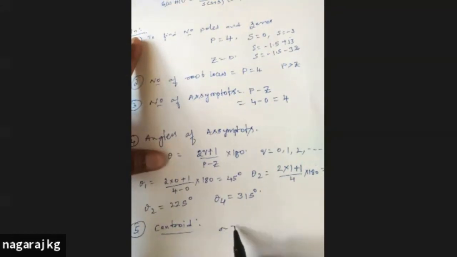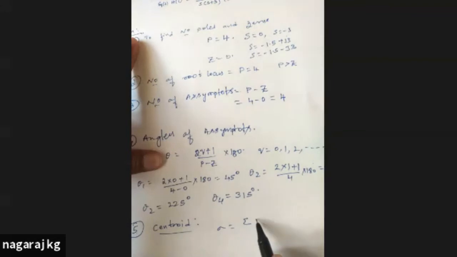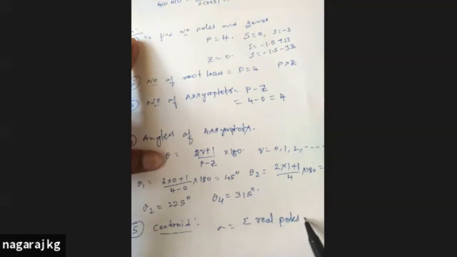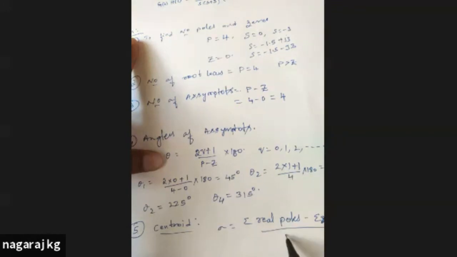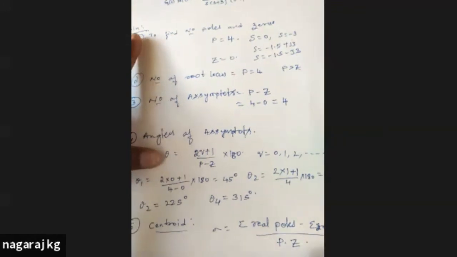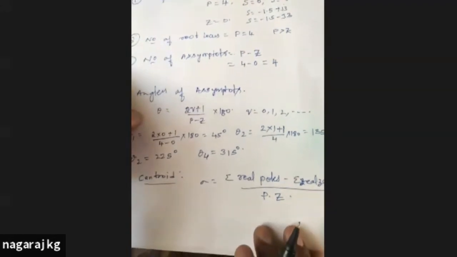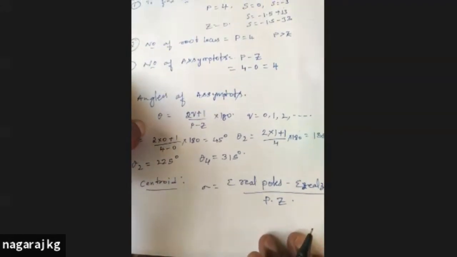Sigma is equal to summation of real poles minus summation of real zeros divided by p minus z.